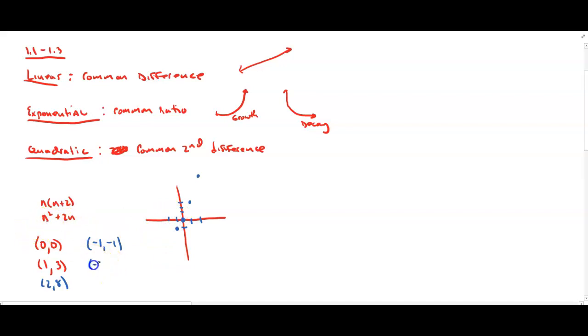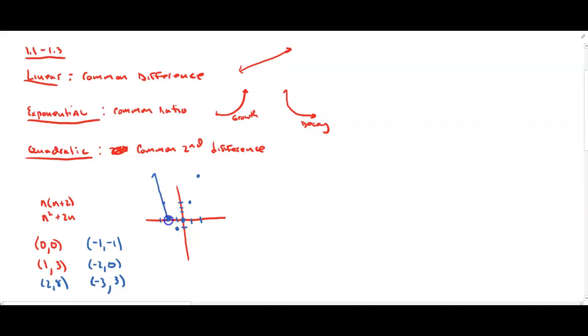Negative 2 squared is 4. 2 times negative 2 is negative 4. 4 plus negative 4 would give me 0. And even if I go to negative 3, negative 3 squared is 9. 2 times negative 3, excuse me, is negative 6. 9 minus 6 is 3. So negative 3, 3 is what I would get here.